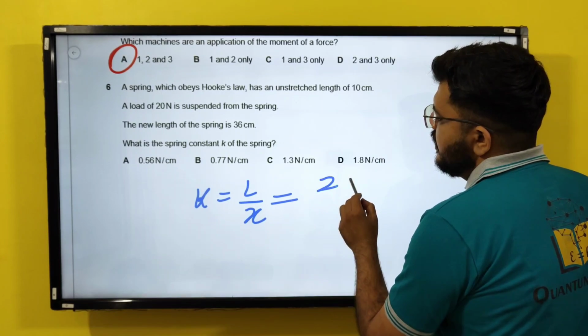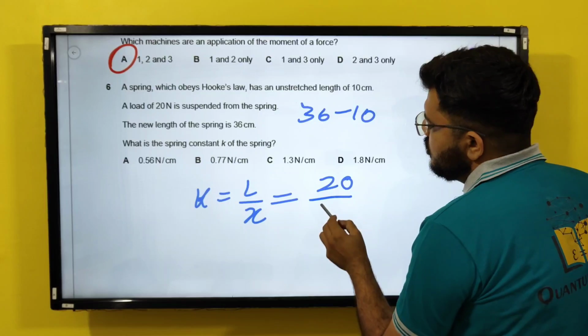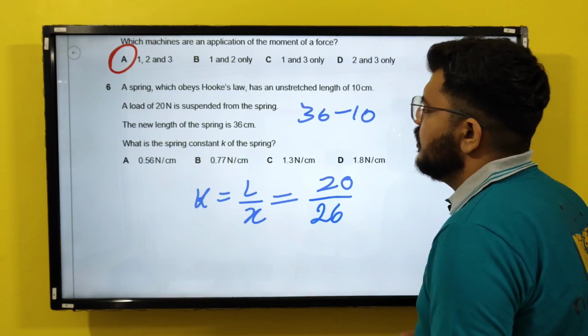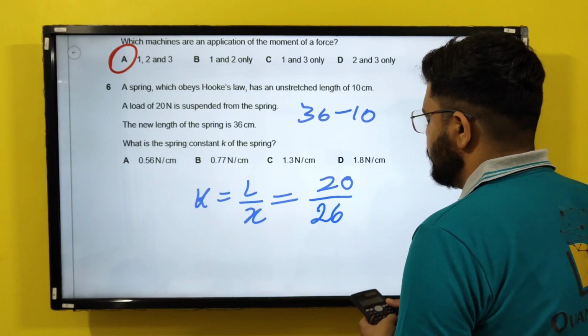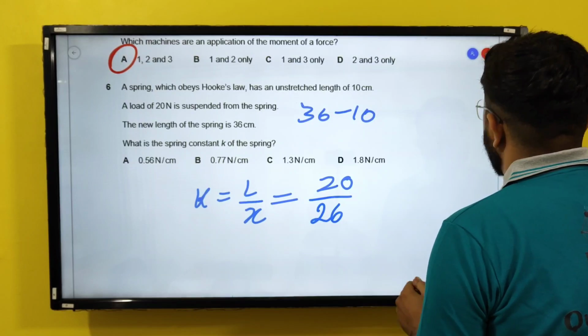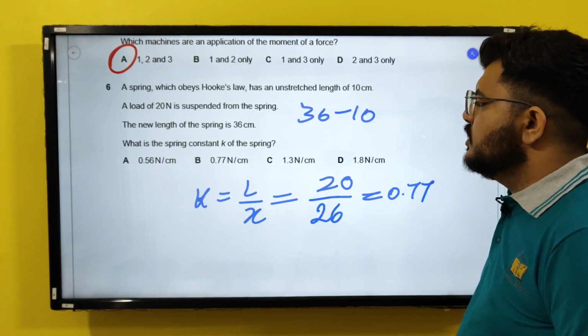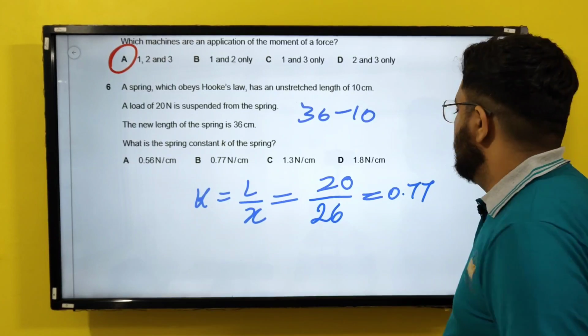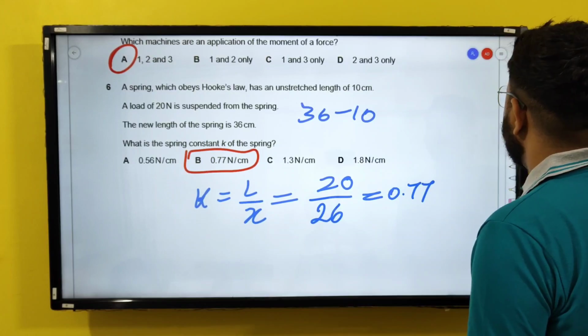Load is 20 Newton, extension is 36 minus 10, which is 26 centimeter. I am not changing it to meter because in the answers also all of them are per centimeter. So 20 divided by 26 gives you 0.769. Round it off to 2 digits because there are just 2 digits, which is your answer B.